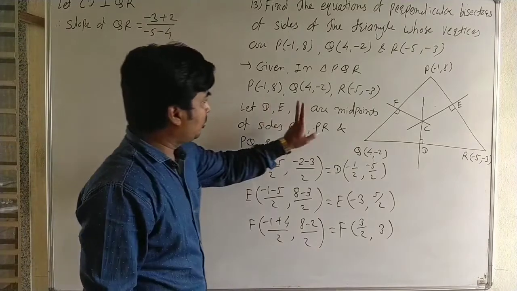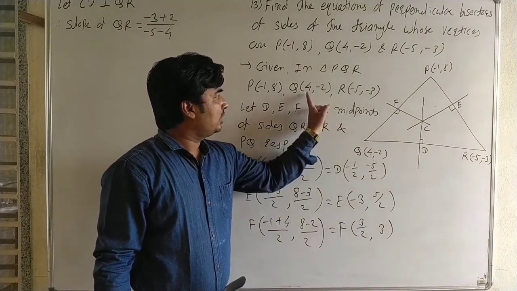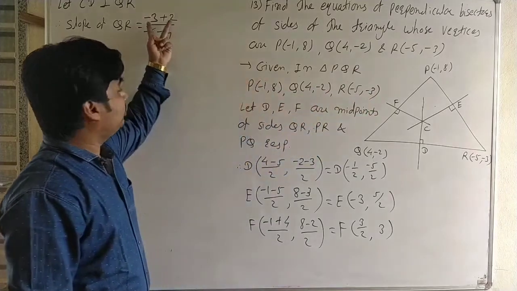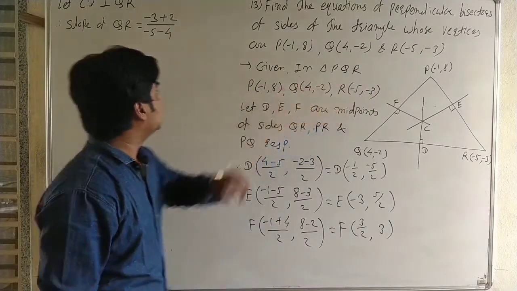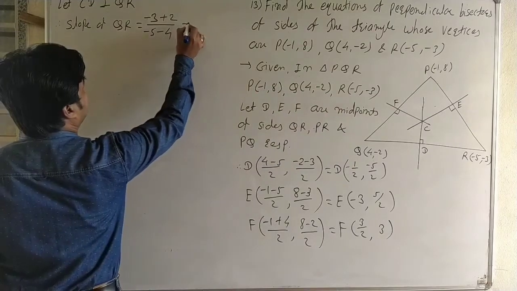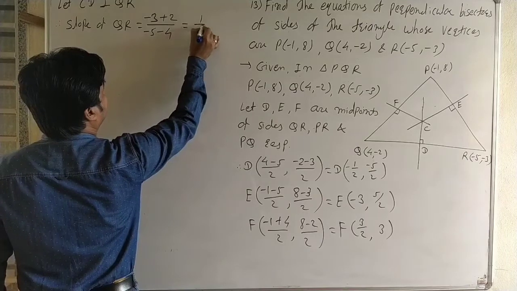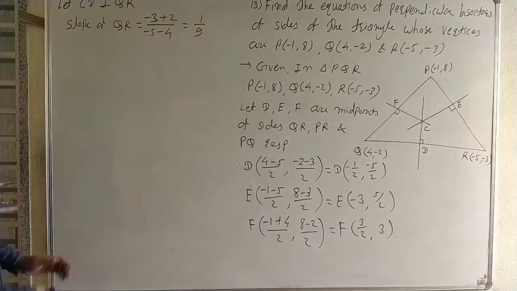Here, the slope of QR passing through (X1, Y1) and (X2, Y2), Y2 minus Y1 upon X2 minus X1, and then this can be written as minus 1 upon minus 9, that is 1 by 9. It is the slope of QR.